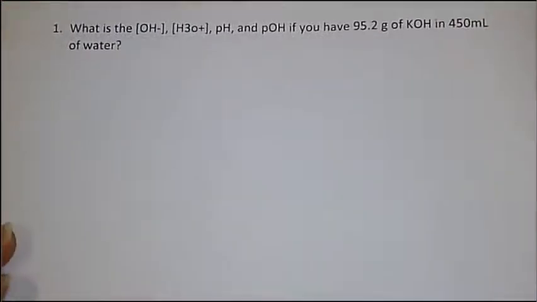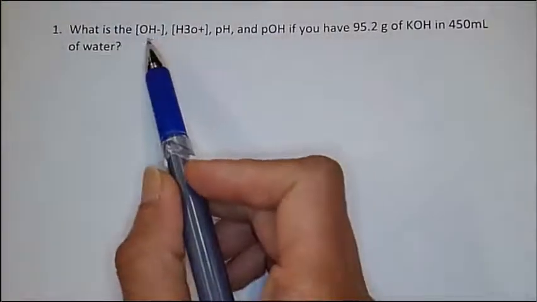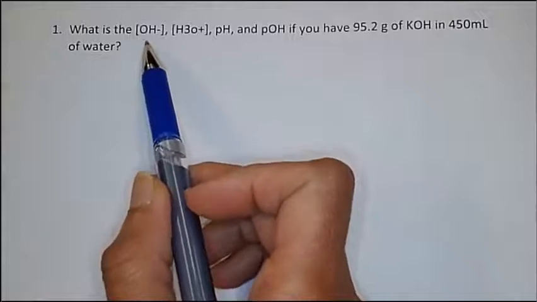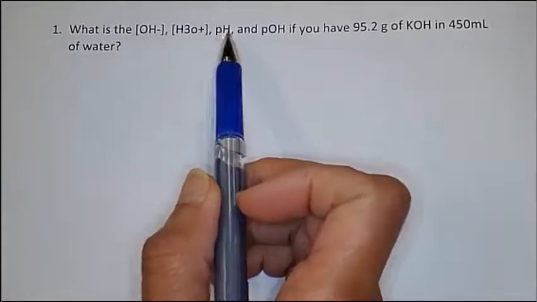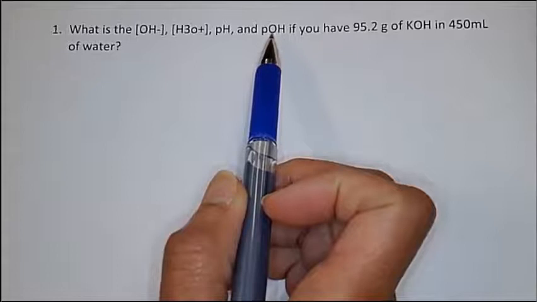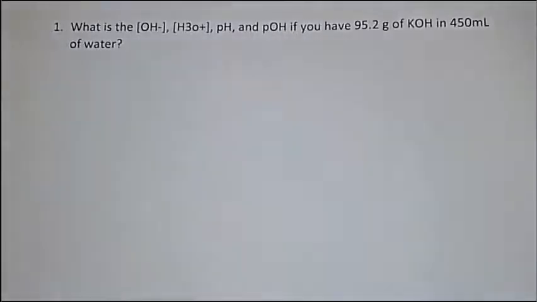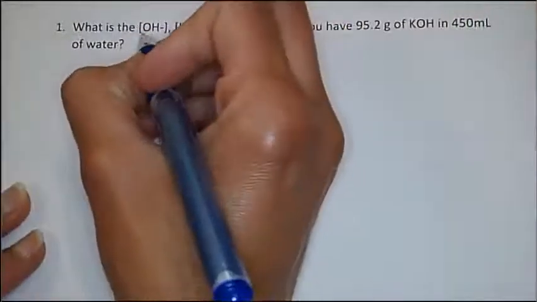So I'm going to go ahead and say, what is the hydroxide, hydronium, pH, and pOH if you have 95.2 grams of potassium hydroxide in 450 milliliters of water? So we want to find these values right here.